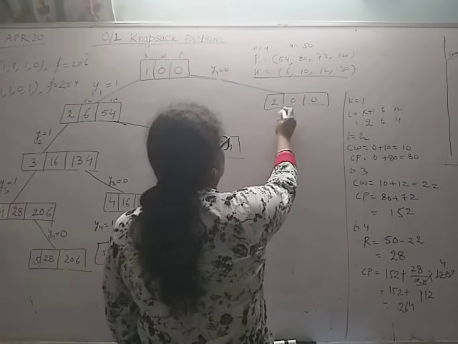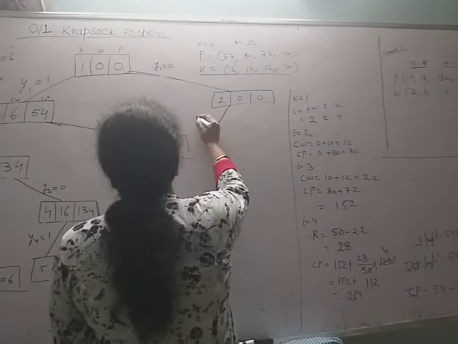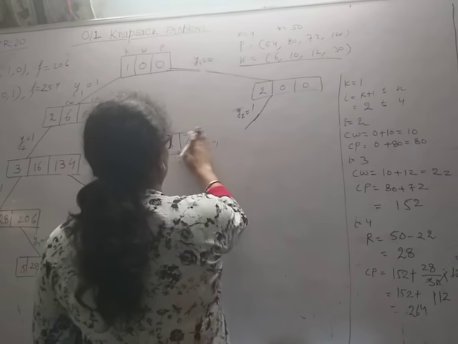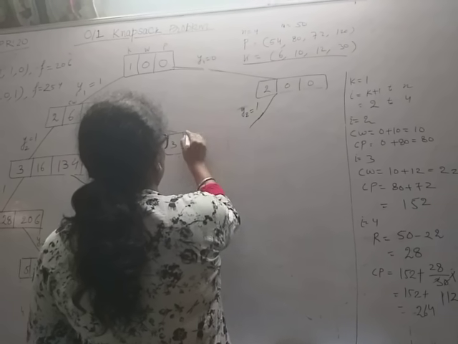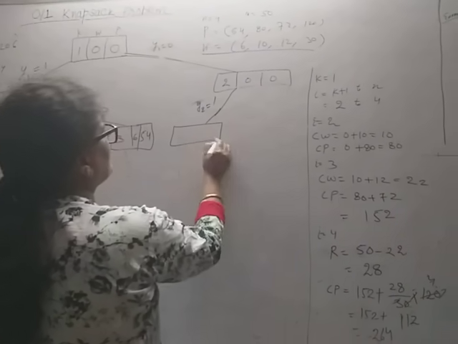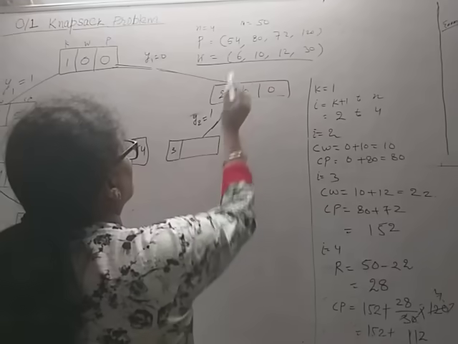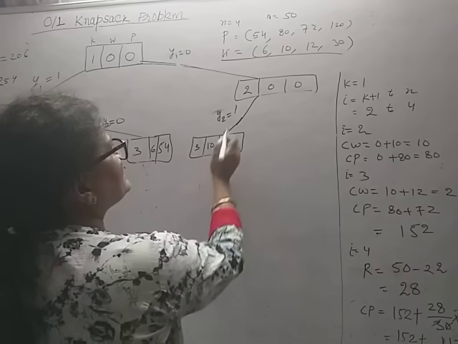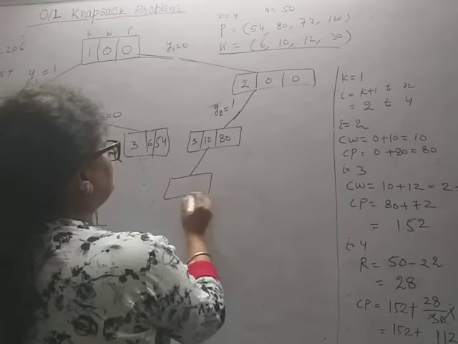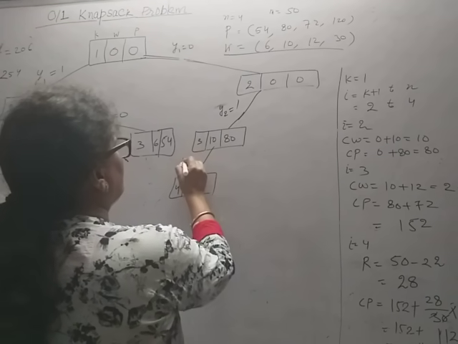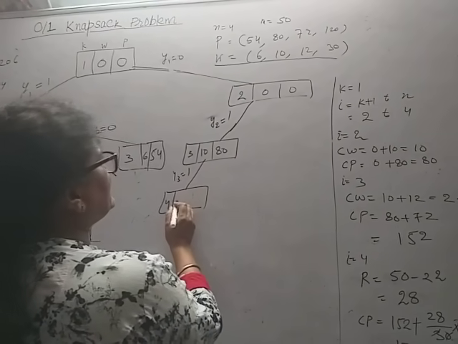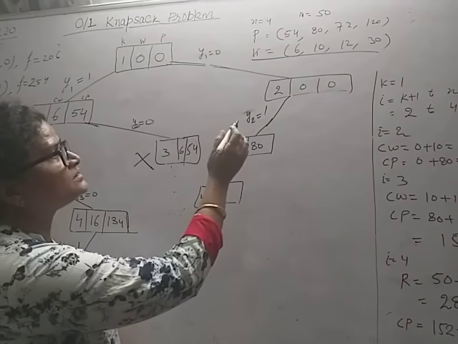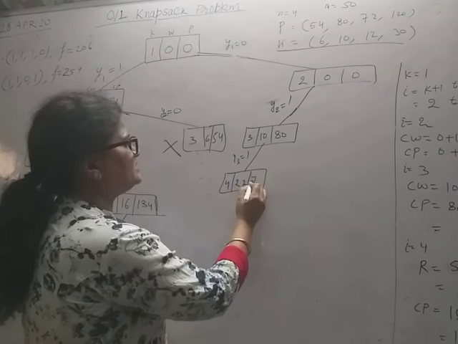Okay, so now just here again x, y1, y2 equal to 1, y2 3 6 54. Now y2 is 3 and y2 equal to 1, that is 10 and 80. Then this is to be added: y3 equal to 1, 4, and 10 and 12 is 22, and 22 and 72.